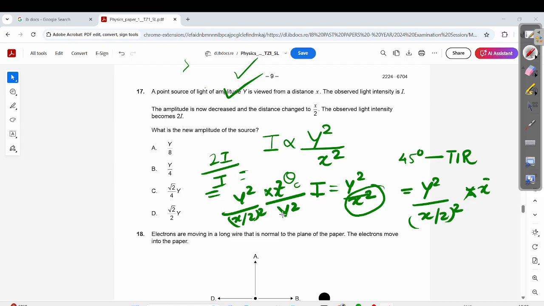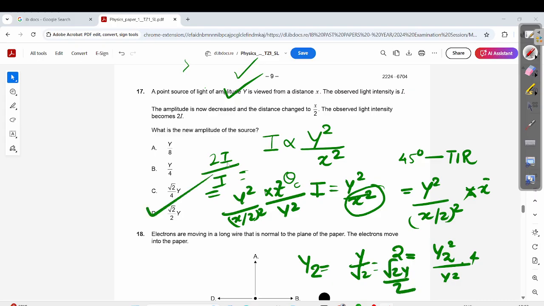So we can write 2 is equal to y2 square into 4 by y square. That gives y2, the new amplitude, equal to y by root 2, that is root 2 y by 2. So the answer is D.